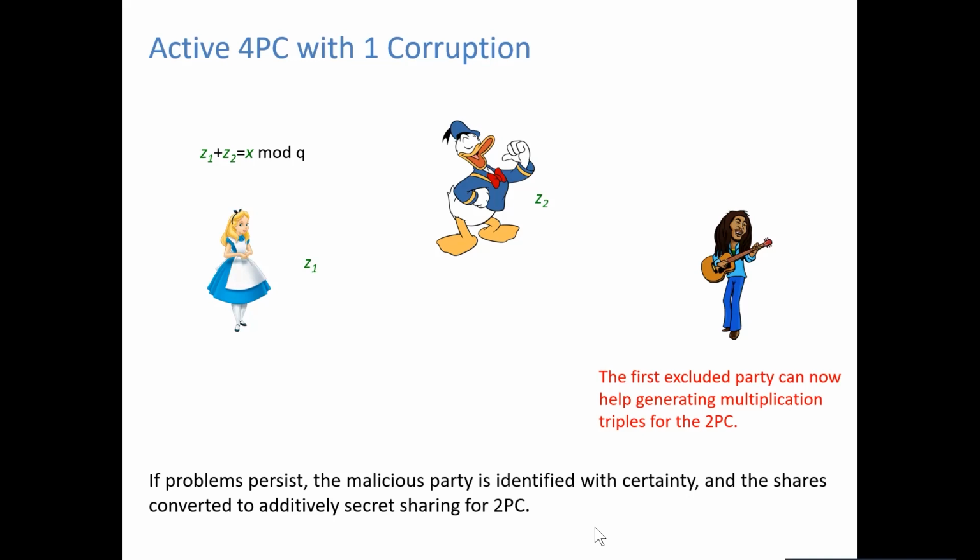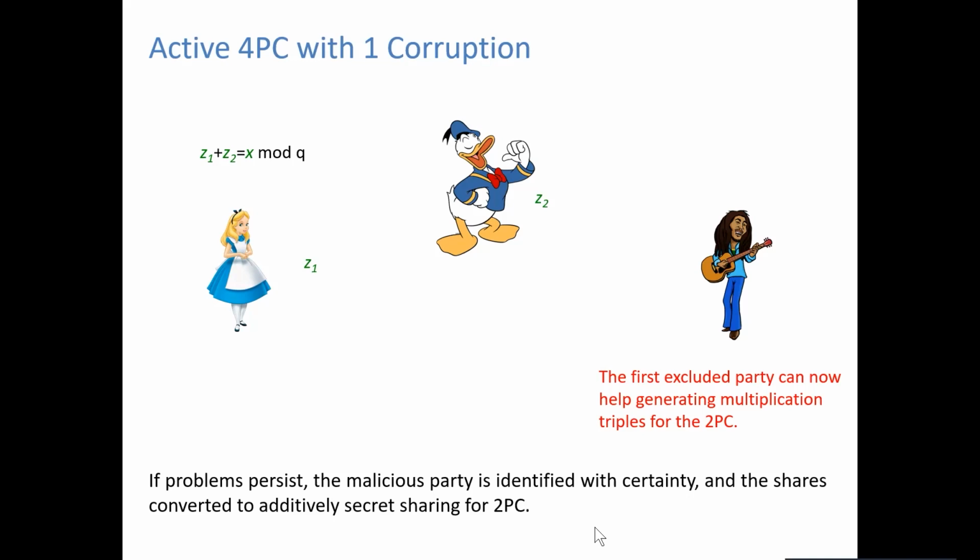Okay, but essentially, I'm not delving into the details of Fantastic 4 here, but essentially you move to this representation with replicated secret shares with 3 parties only, and you're hoping that you excluded the right person. But if you don't exclude the right person, you're essentially guaranteed that if some problem is still happening and someone is blocking the computation, then you know who to exclude next and move to the 2PC.